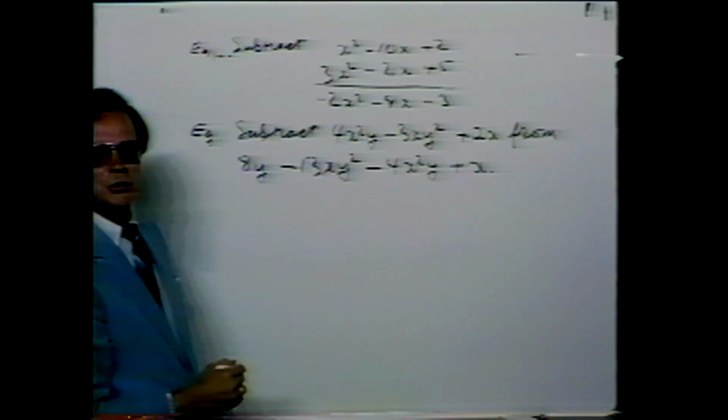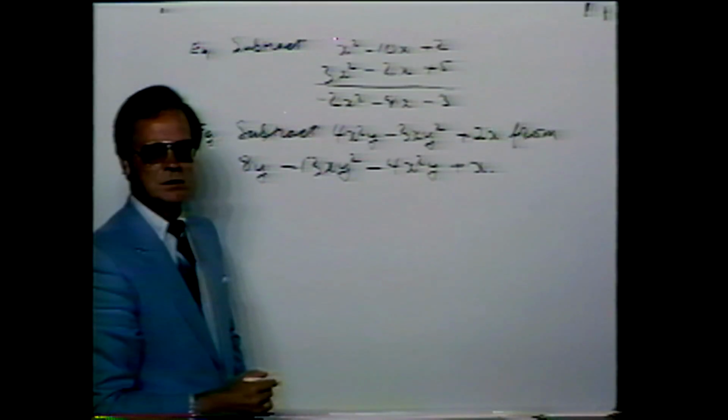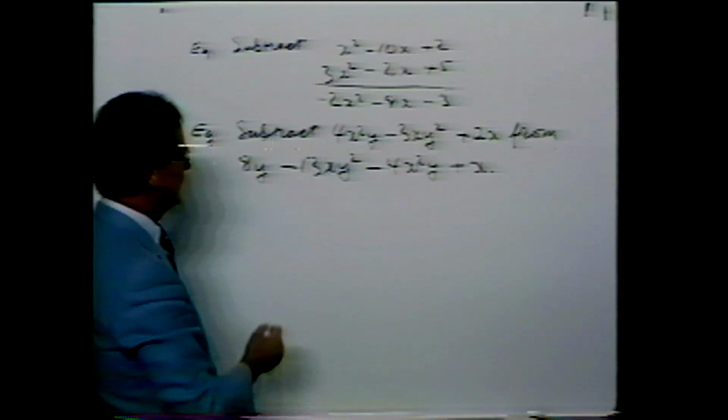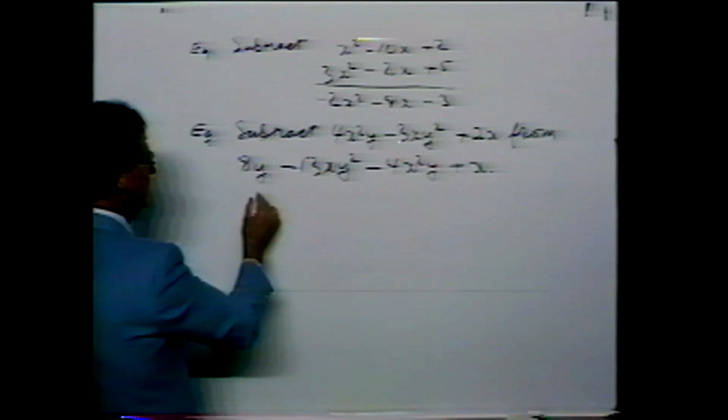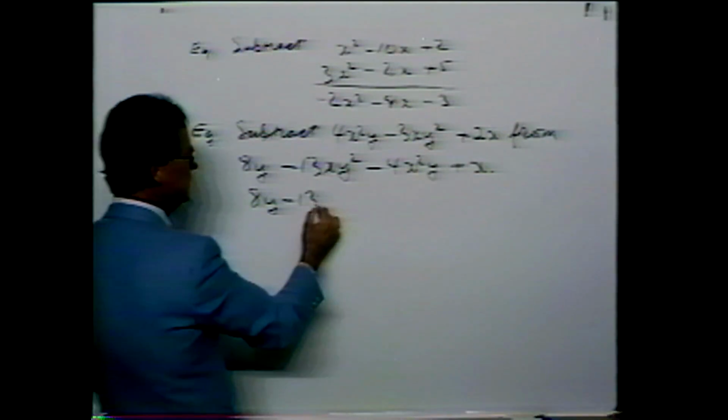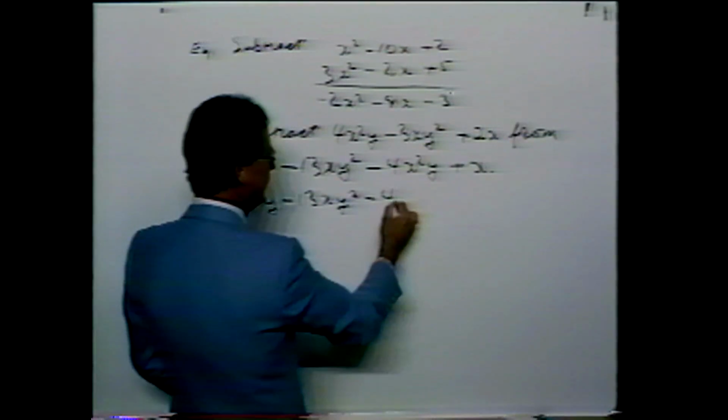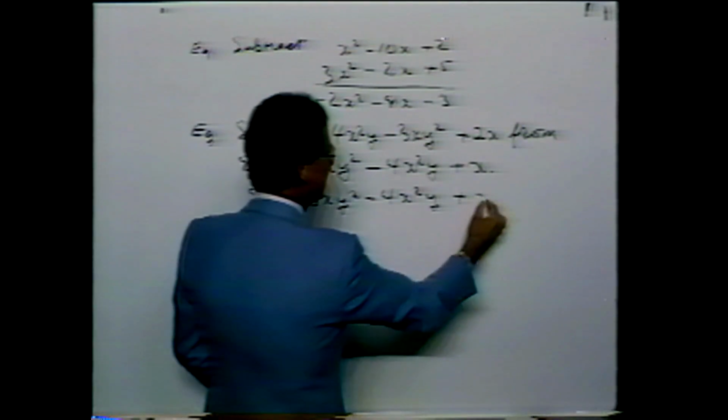Let's do this solution by vertical subtraction. The first expression has to be this one: 8y minus 13xy squared minus 4x squared y plus x.